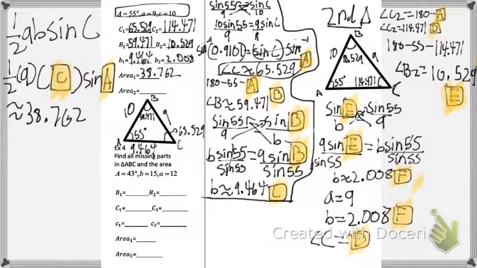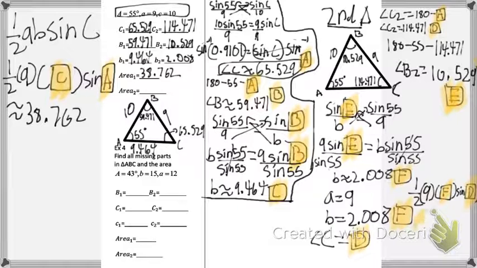So half times 9 times F times sine D. So let's calculate that.